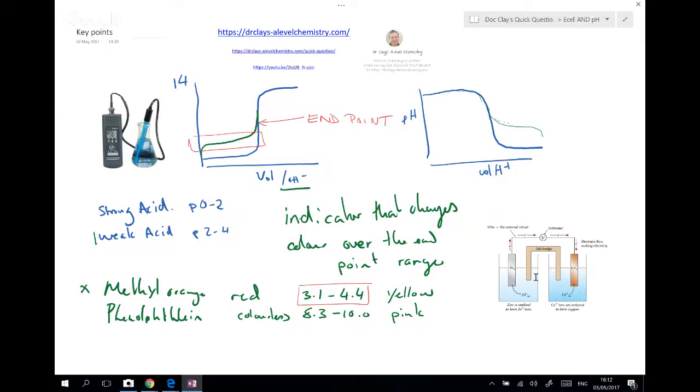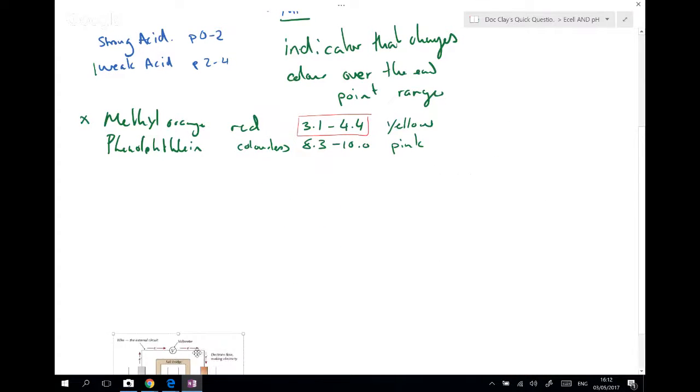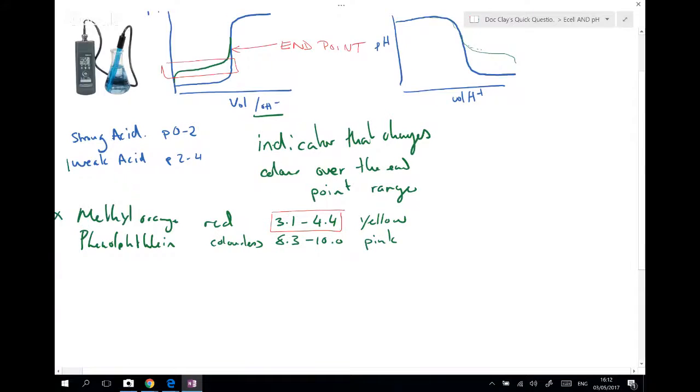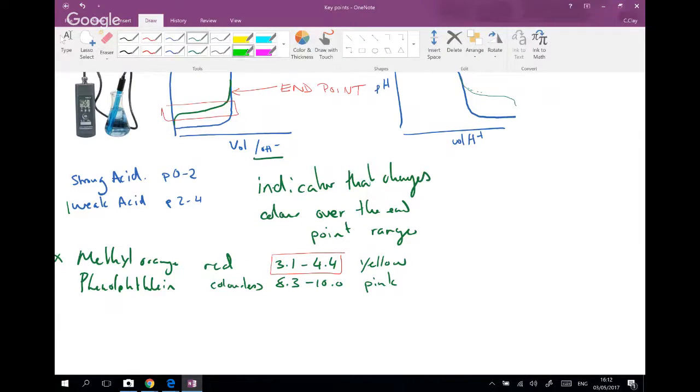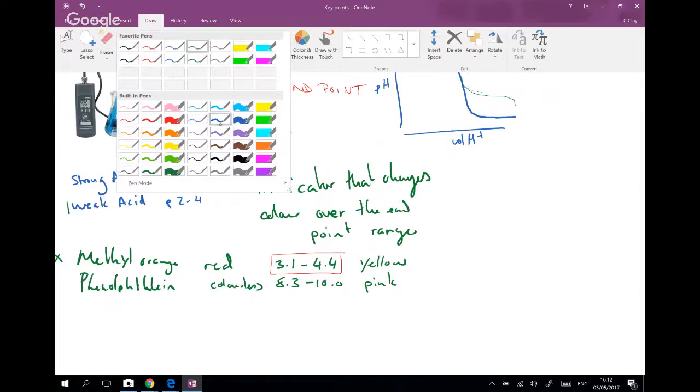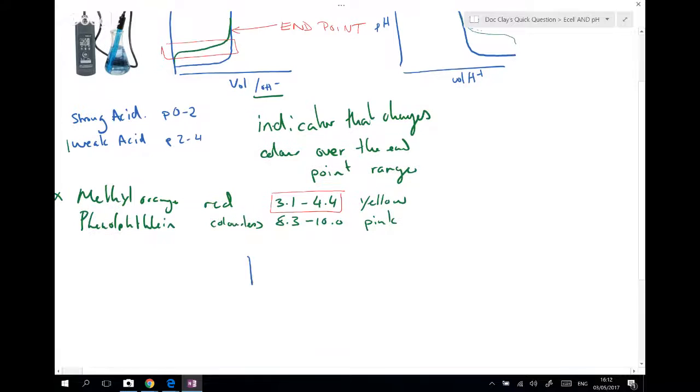The final thing to note here is the addition of the weak alkali version to this system.